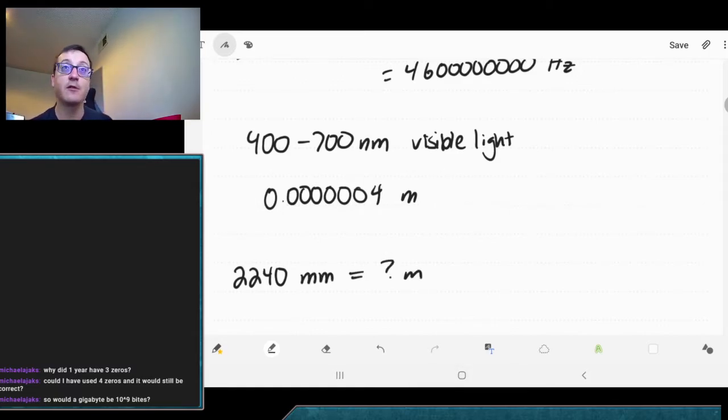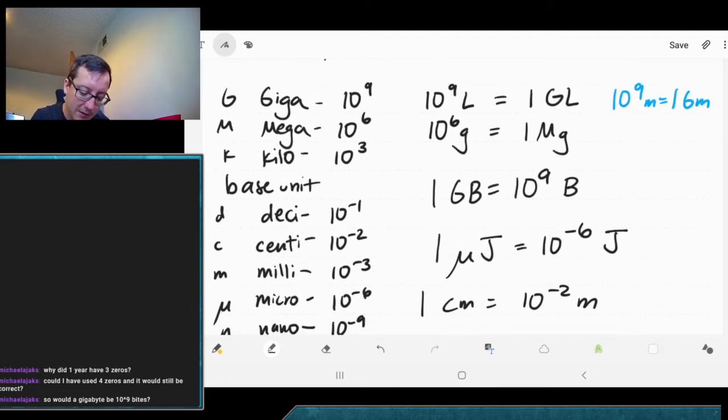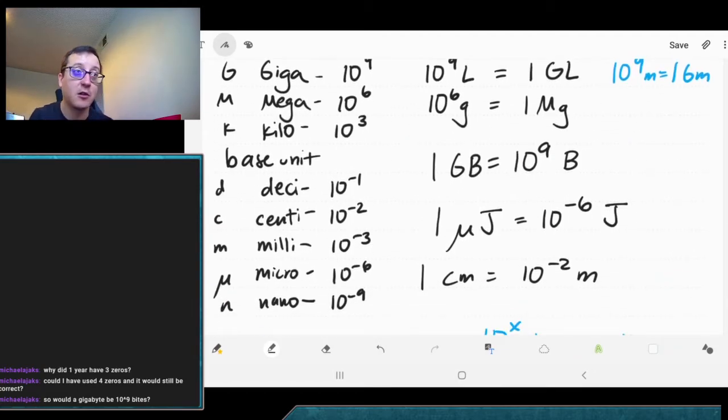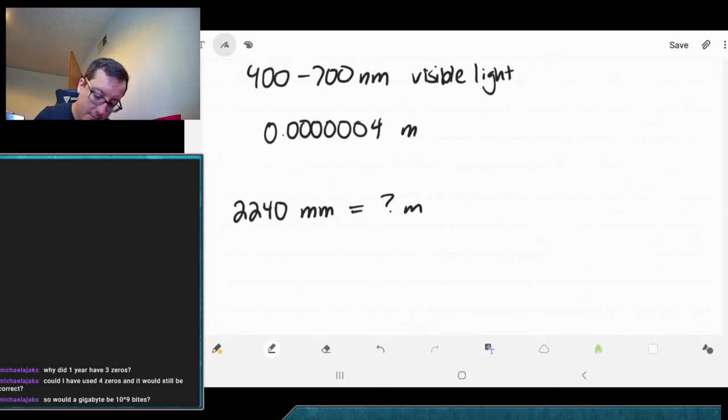I had asked for this, right? Well, since this is metric, we're going from millimeters to meters. That's millimeters. So all your little prefixes here, these letters at the start of a different unit, tell you the prefix that's associated with it. So that M, that first M stands for milli. So this is millimeters.